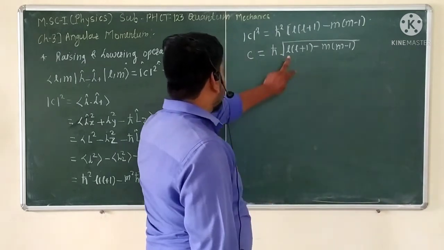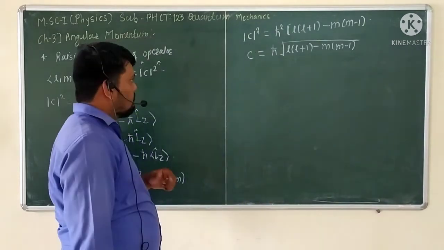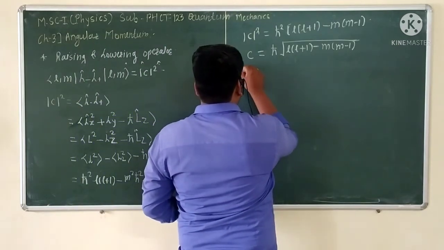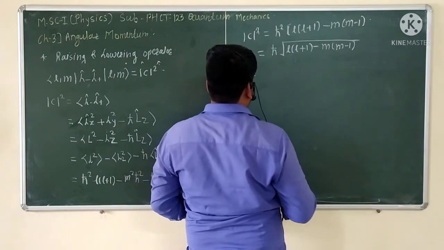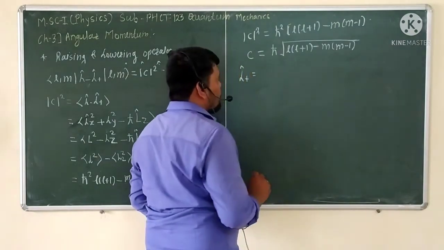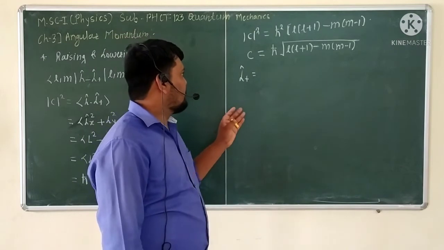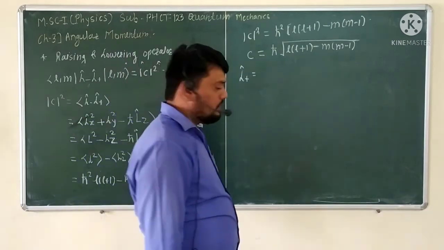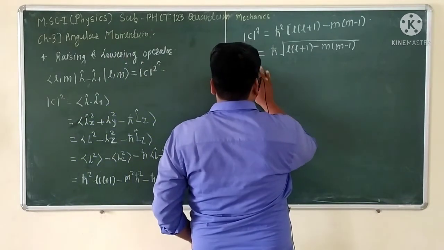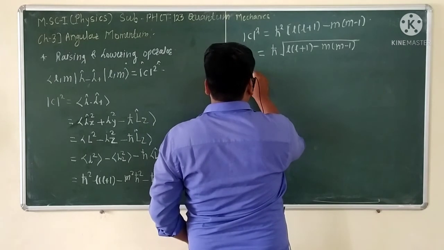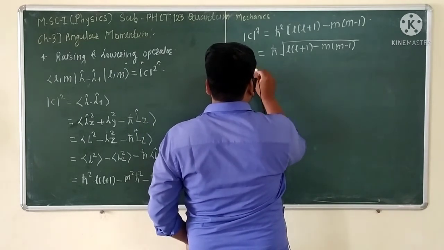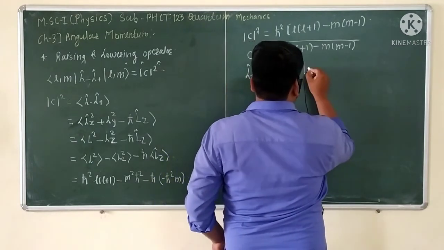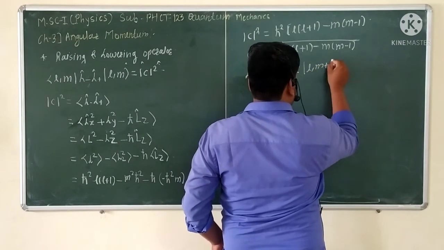And if you put this value in the original equation, that original equation is L plus cap equal to C into the ket L comma m plus 1. Okay, you know that L plus operator on L comma m is nothing but C into L comma m plus 1.